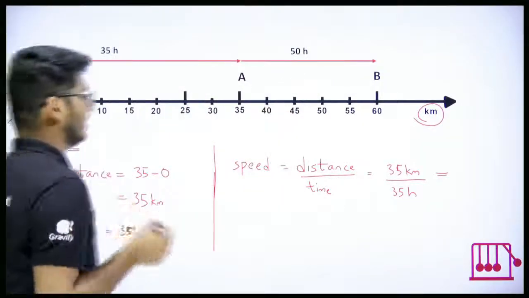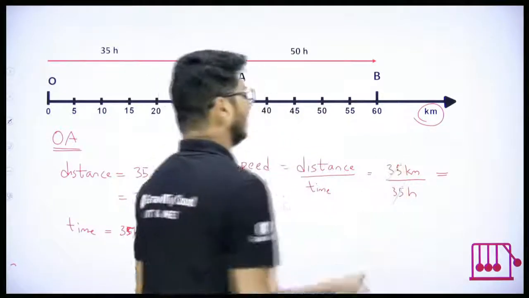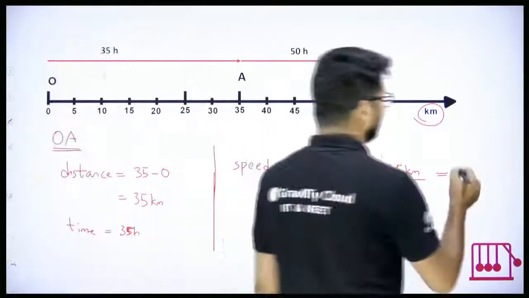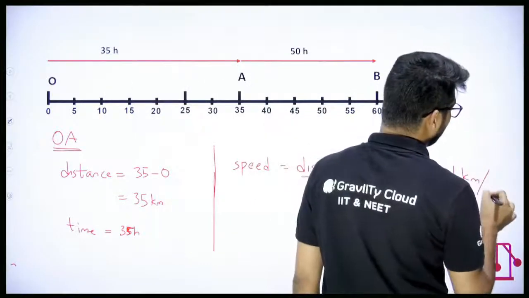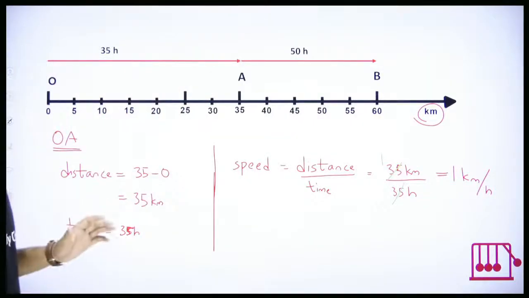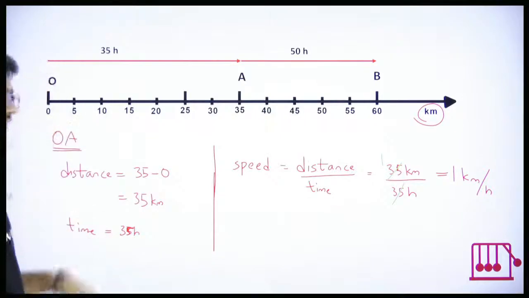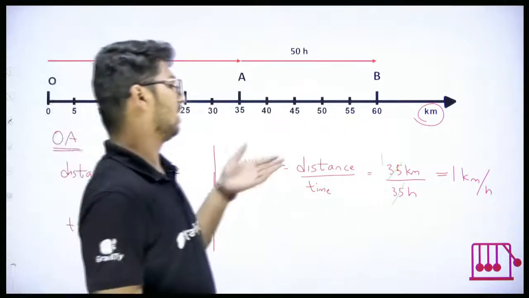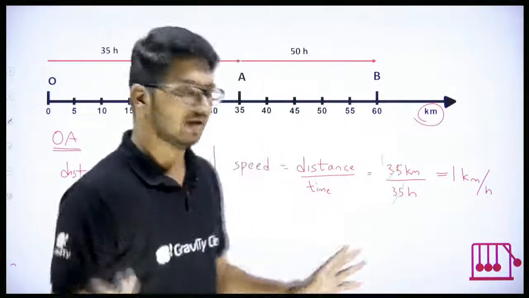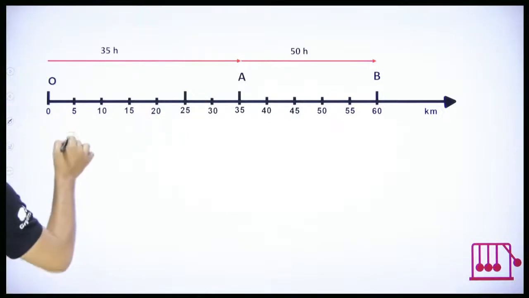Yes. 35 ones are 35. So what will remain? 1 will remain. So what is the speed here? The speed is 1 kilometer per hour for OA. So first we find out distance, then we find out time, and then we use the formula speed is equal to distance by time. Simple? Clear? That's for OA. Now you do it for AB.